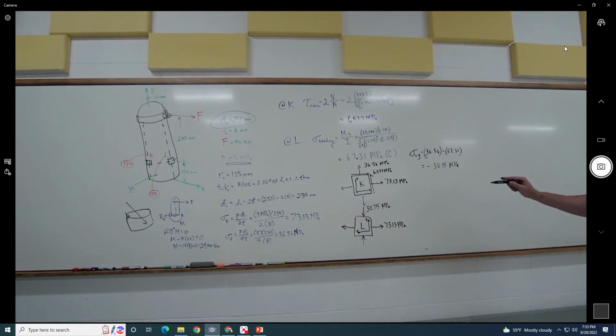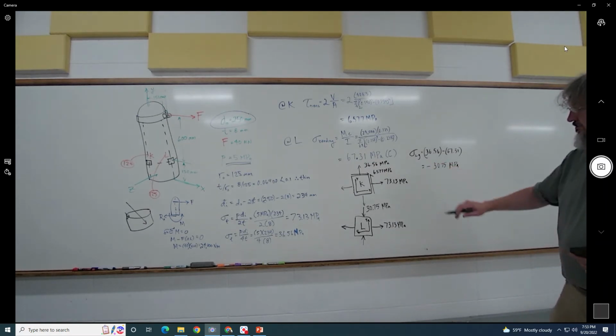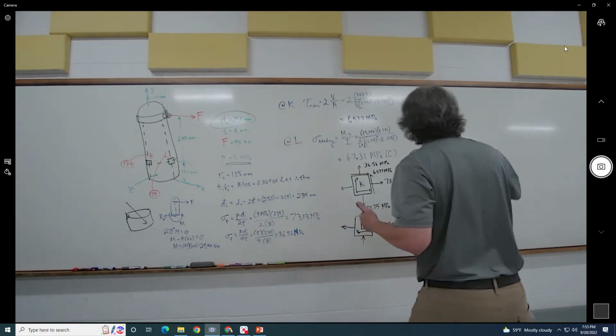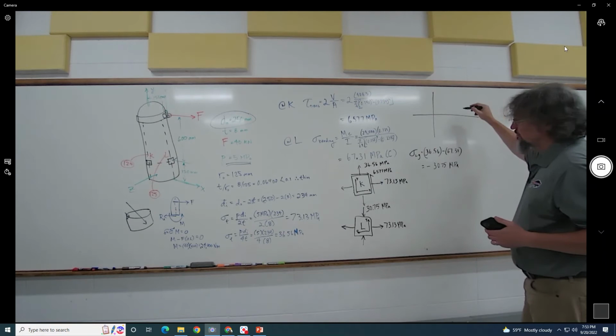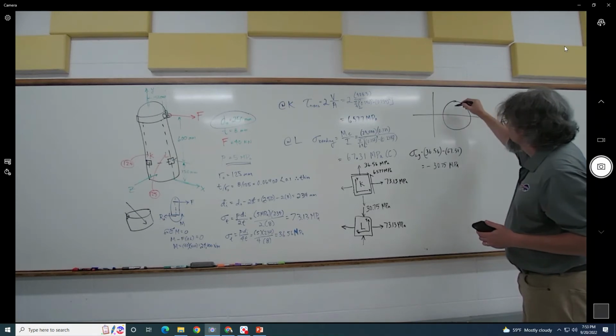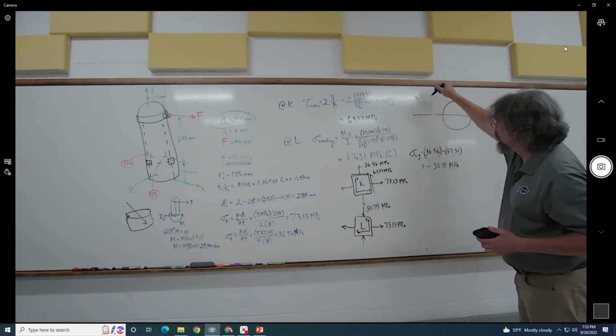So something of note here, this one would require us to do a little bit of work for its Mohr's circle. We're going to have something along these lines over here. I'll draw it first. I'll cheat a little bit here.